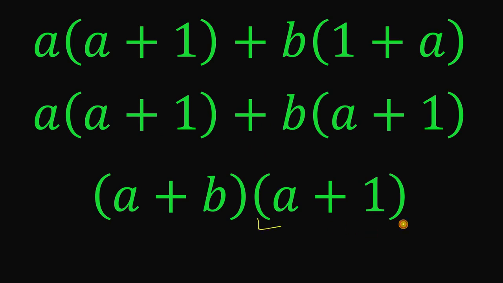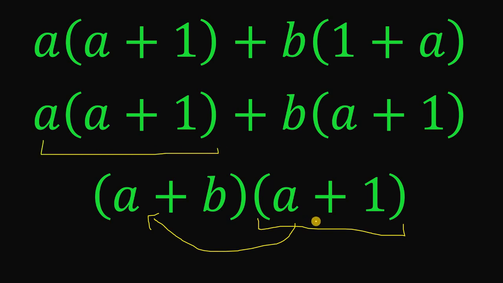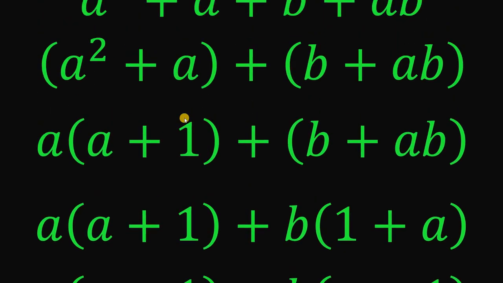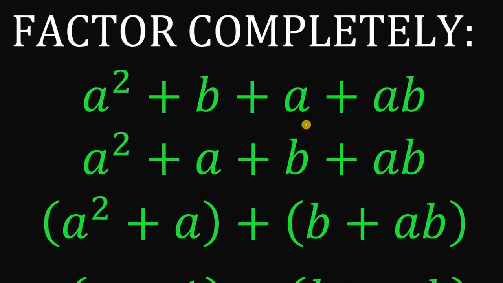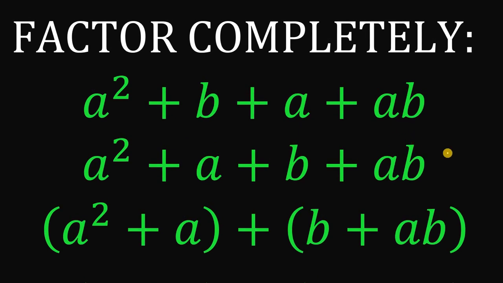Now, notice, if we distribute the whole thing, a plus 1 to a, this will give us a multiplied by a plus 1. And a plus 1 distributed to b, this will give us b multiplied by a plus 1. Therefore, our answer to this question, what is the factored form of this expression, a squared plus b plus a plus ab?